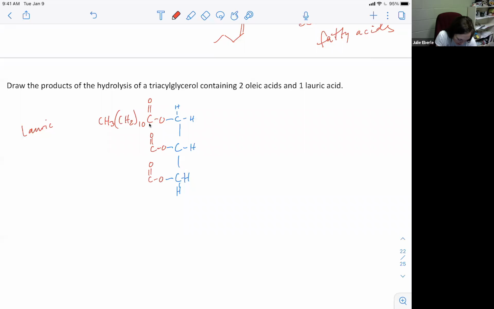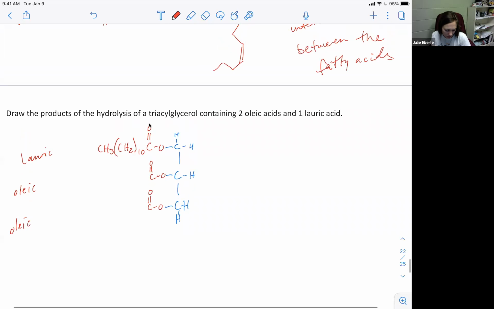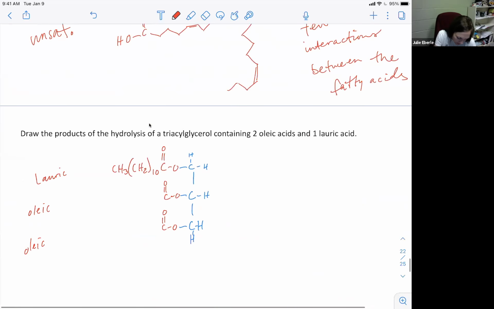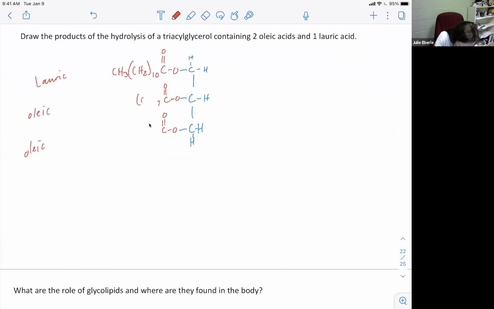From the fatty acids. So then we've got 2 oleic acids. This one's a little more complicated. So look at the table to see what the structure for oleic was. So 7 CH2s and then a double bond and then 7 more CH2s and then it ends. And we've got the double bond.